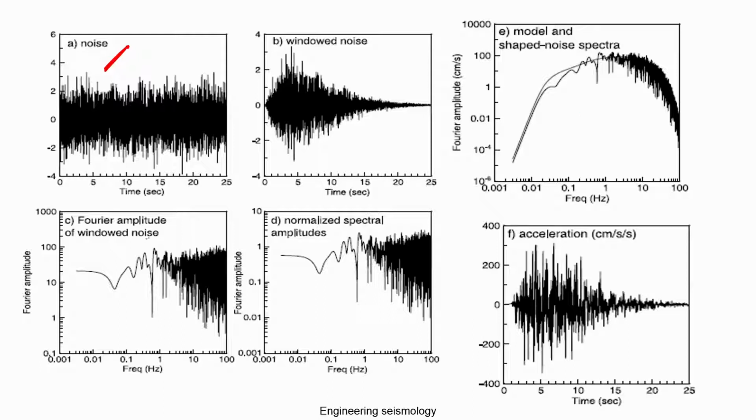Then the Fourier amplitude of the same window you can get here. Then you get the normalized spectral amplitude. From this you get the acceleration time history by again the inverse Fourier transformation. So, this data is basically your required ground motion simulation data. This is what you do at the end of the simulation.